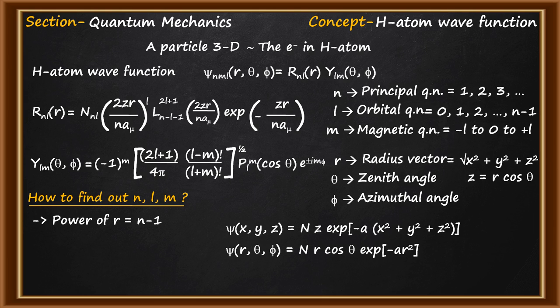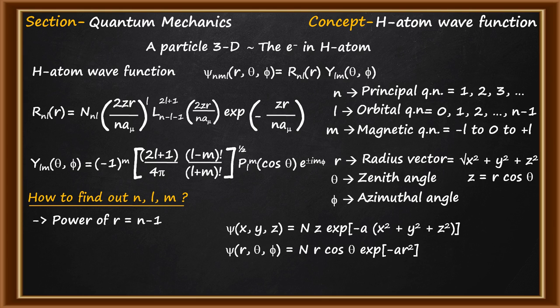Now come to the second expression, YLM theta phi. Here there are many constant terms, just forget about them and focus on the theta term. So here this PLM cos theta, as I already said, is the associated Legendre polynomial.